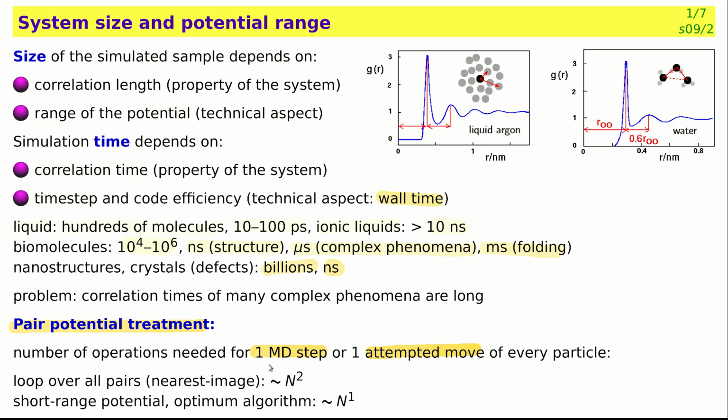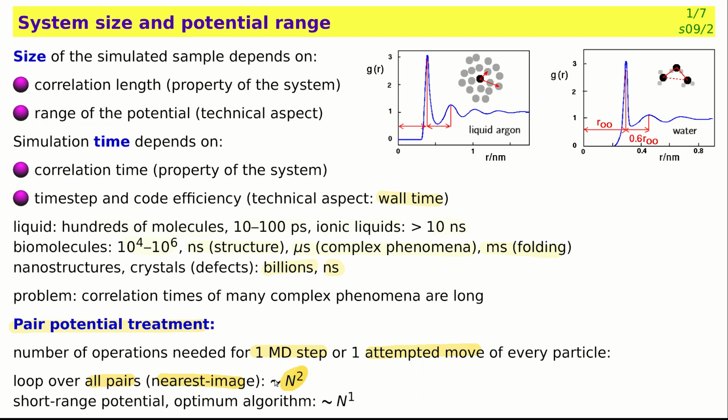If I use the simplest algorithm, then I will use a double loop. So I will check every pair of particles in periodic boundary conditions, let us say the nearest image, and there are roughly N squared of them. It means that a double system would be simulated, or the wall time would be 4 times longer.